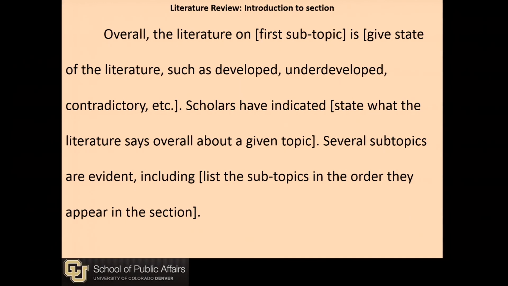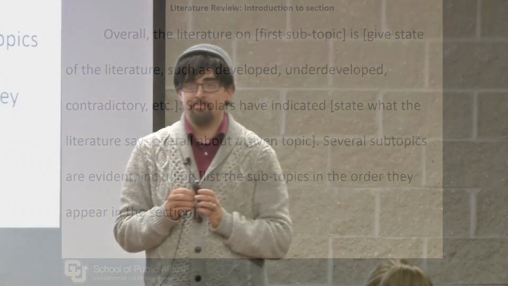Scholars have indicated that overall there's something there, that people do things, particularly at work, because they want to do them, they're not compensated for them, they're not expected to do them, and others don't. Good. Several subtopics include what leads people to do these actions where they're not compensated. Good. There's different theories that suggest there's different reasons people do it, and those would be the subtopics.